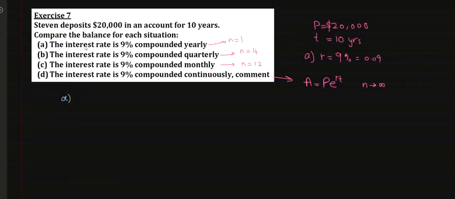The required here is the balance at the end, which is the A, is equal to P times 1 plus R over N to the power of NT. Let's direct substitute P by 20,000, and then 1 plus the R, which is 0.09, over N, which is in part A given as 1, power N, which is 1 times the T, which is 10, and this will give us the value.